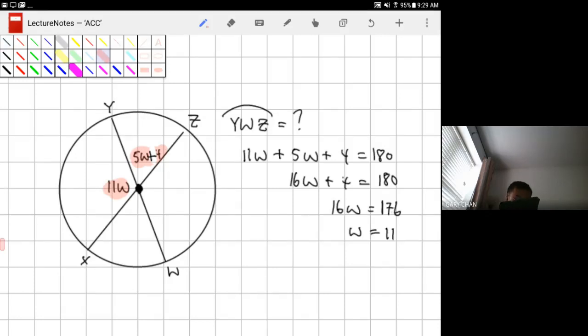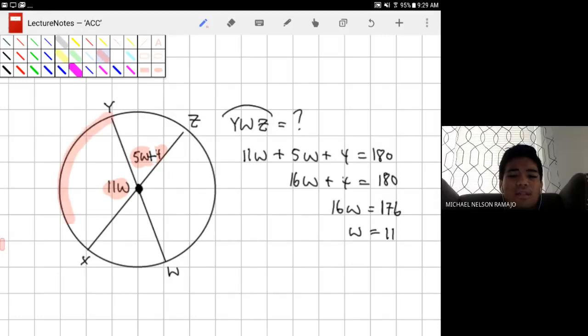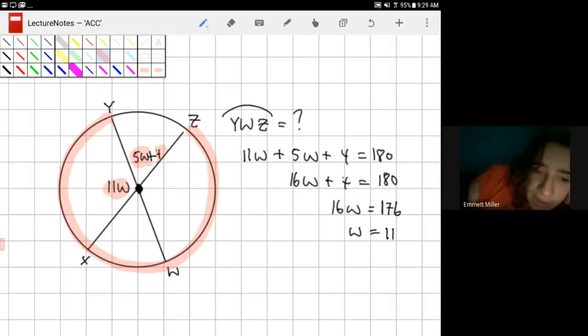But then to answer the question, Michael, how do we do that? Since it's YWZ, maybe we could do 11 times W times this, since they're vertical angles. We could do that method that Kira employed last time, where you just subtract one of the slices.